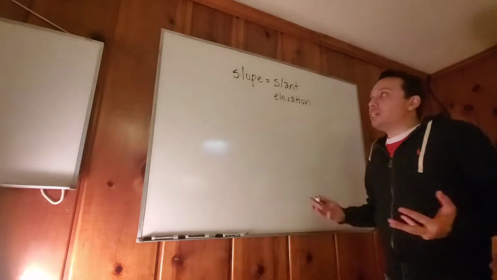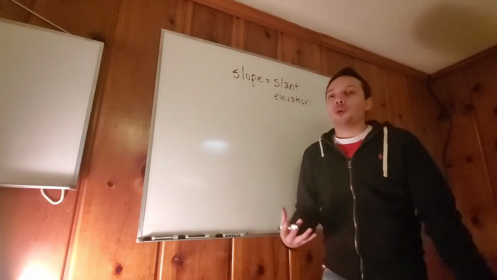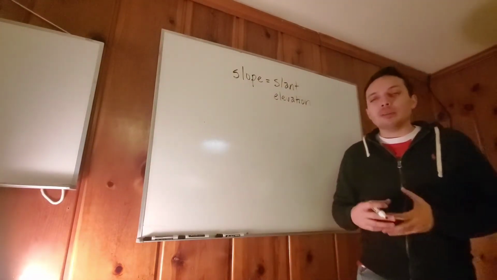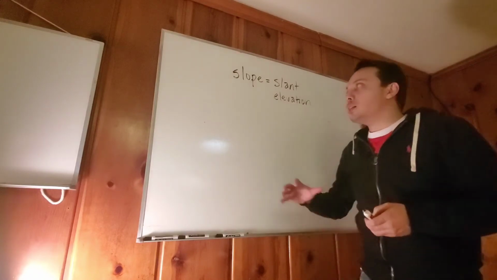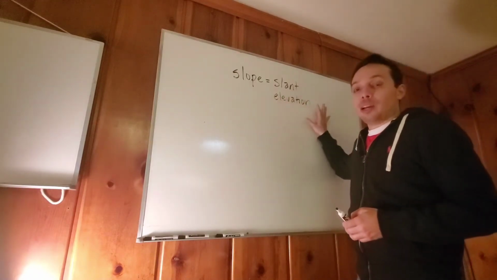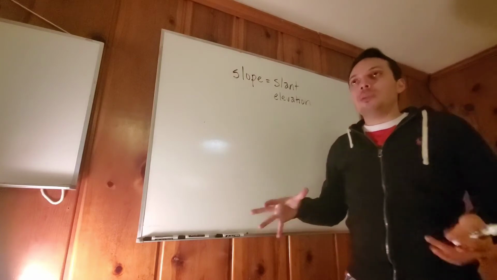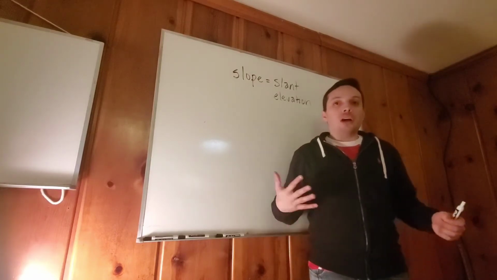Okay, so the first thing I want to talk about is the word slope itself. Sometimes you guys don't get it. So we are going to use slant or elevation, or it's something that you see in mountains, obviously.